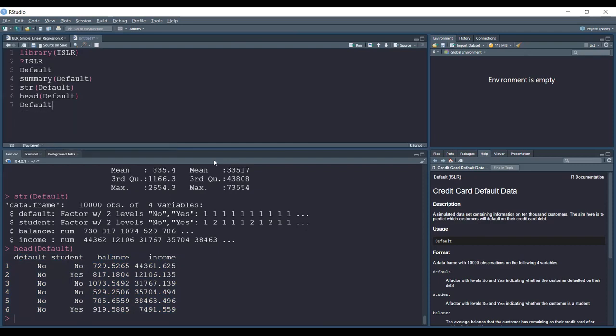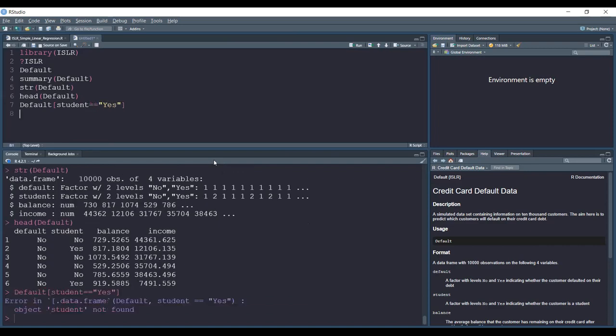Let's see. What if you say student double equals yes? That doesn't work. I'm not surprised.